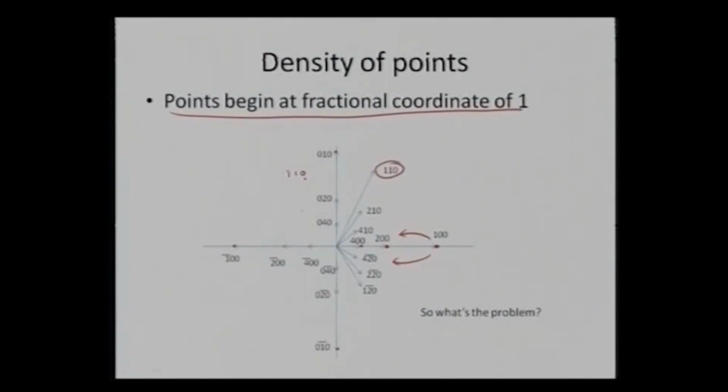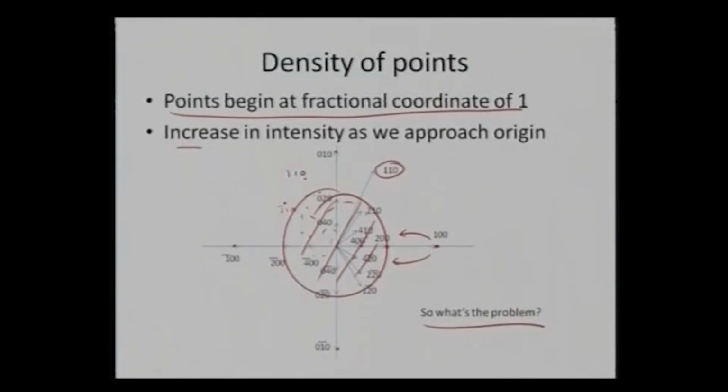I will have my 2 bar 1 0 somewhere here. And similarly, I will have more intensity of points along this side, which is near the origin point. So I will have more intensity of points which will start crowding my central location. So the problem is that we have an increase in the intensity as we start approaching the origin.